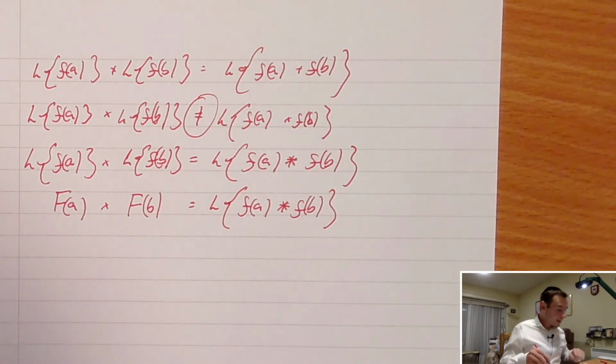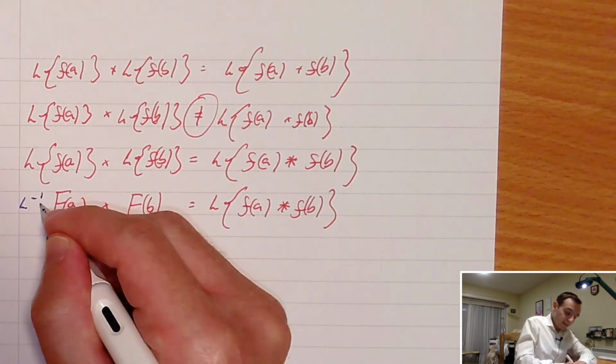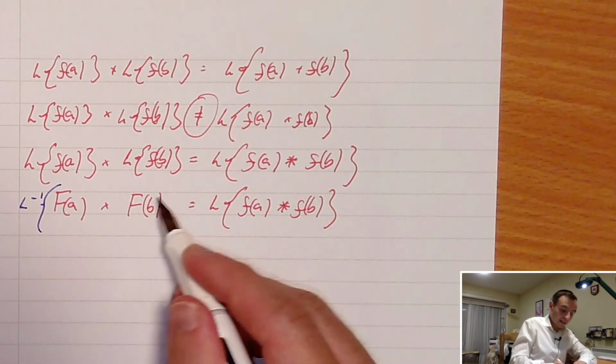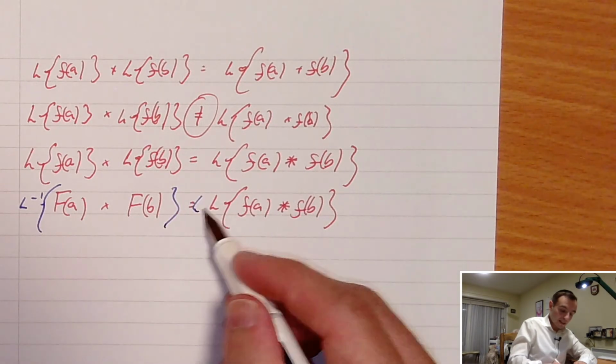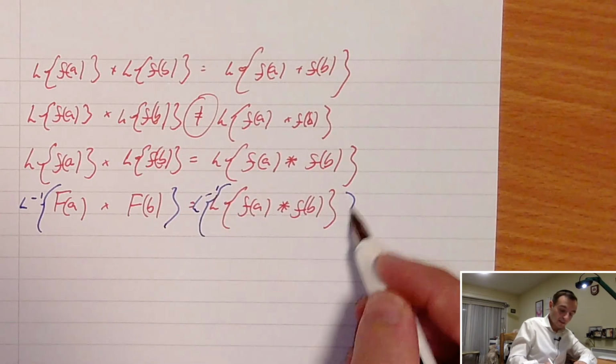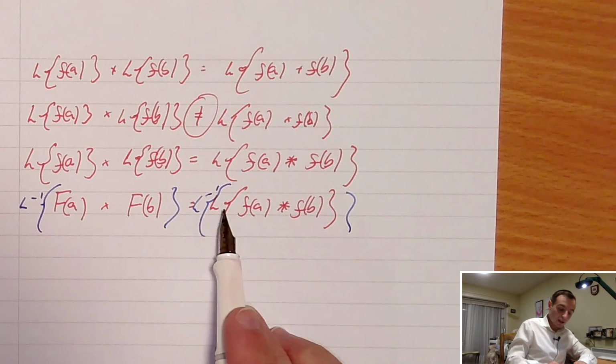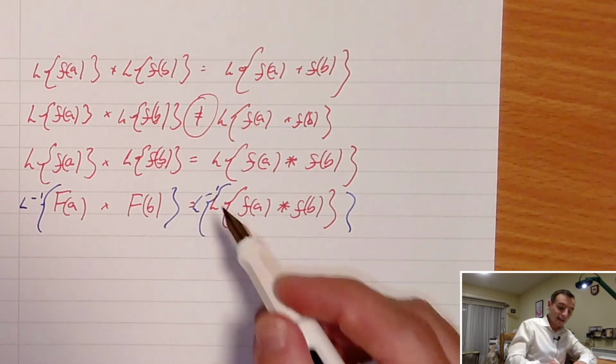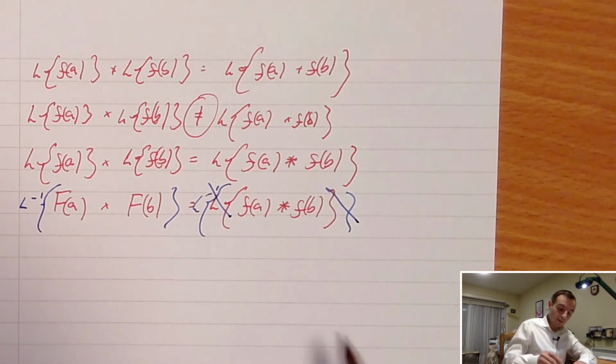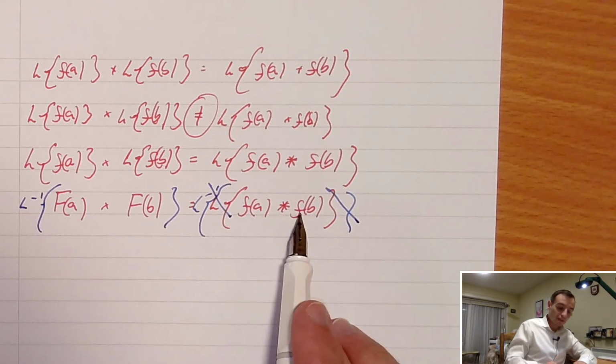Therefore, if we took the inverse, and this is where it comes in really beautiful, if we take the inverse of F of a times F of b, that's going to be equal to the inverse of this. And the inverse Laplace transform of a Laplace transform cancels all Laplace operations, so we're left with the convolution of f of a and f of b.